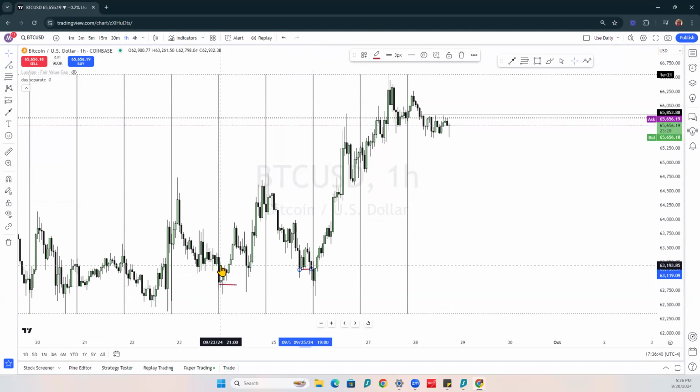Your neckline is going to be right here. So once this neckline is broken, as you can see, it happened one day, second day, and on the third day, the market broke the neckline, bounced off the neckline, and went higher. So when you see something like this, you can jump into the market to try to capture all these pips based on your lot size.